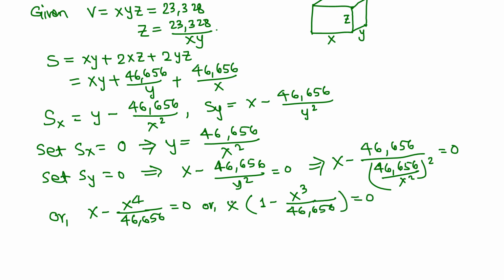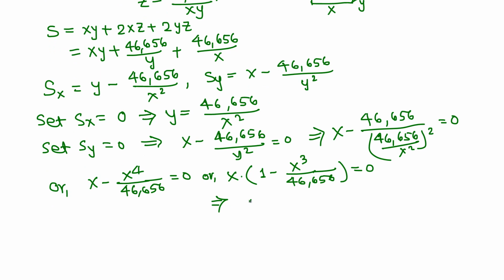Equals 0. This implies either x is 0, but that's not the case. If the length x is 0, there is no cardboard box. So x not 0 means this equals 0, and we can find the value of x. 1 minus x cubed over 46,656 equals 0.